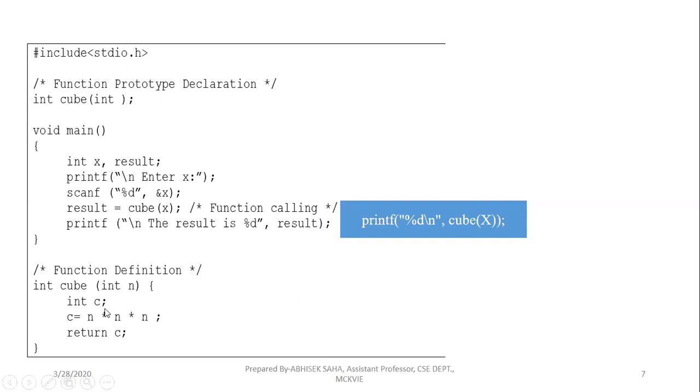Fine. And the value of x is just copied to the variable n. It's a very important point. The value of the variable x is copied to the variable n.